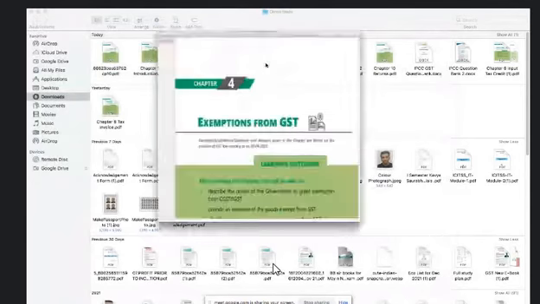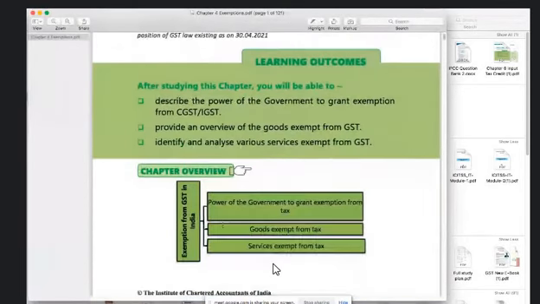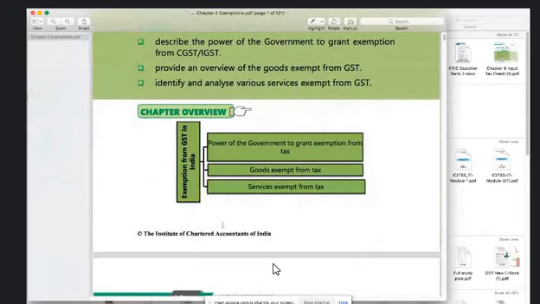And then in the next chapter, we have seen exemptions. There are goods and services, and the power is given to the Council to grant the exemptions. For us, services exemption is important. All the services exemptions you need to know, study and understand.